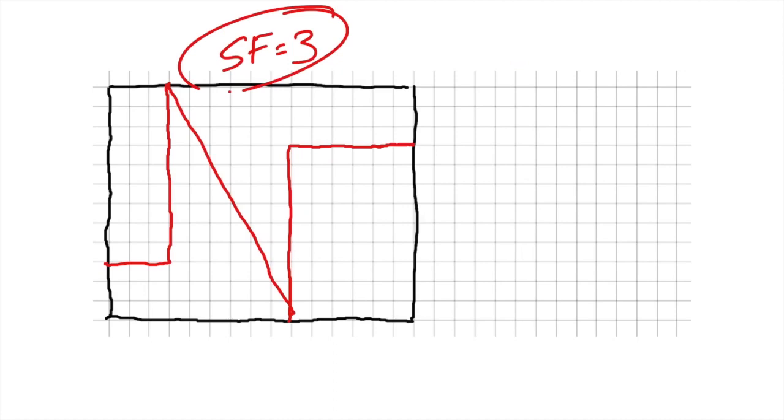I'm going to start with that first vertical line that was 7. And I'm going to now draw it at half the length, so 3.5. The bottom was 6, so now it's going to be 3. And I'm just going to continue to do this. This next vertical side was 5 on the original, so now it's only going to be 2.5.